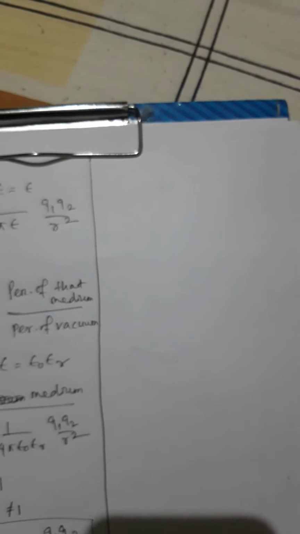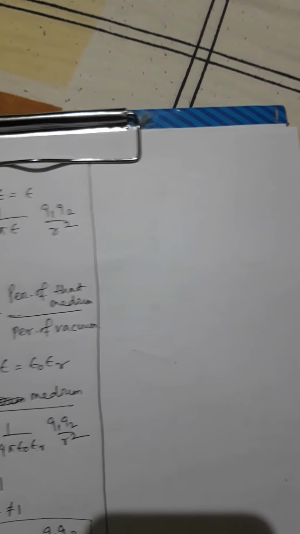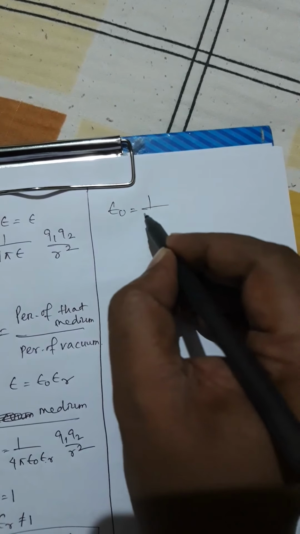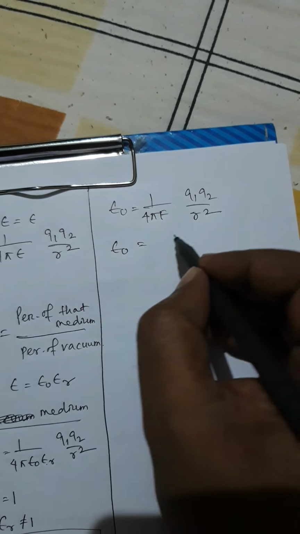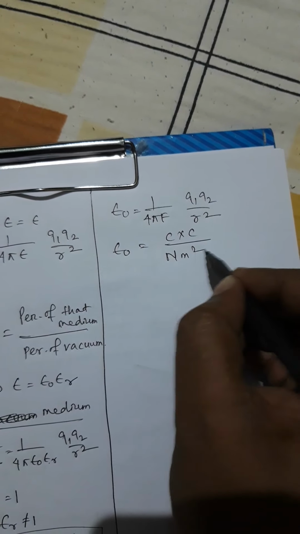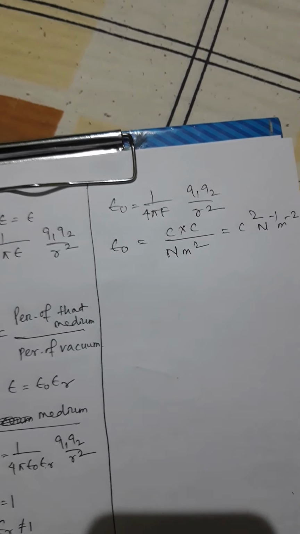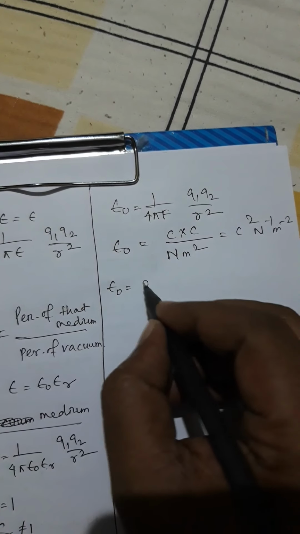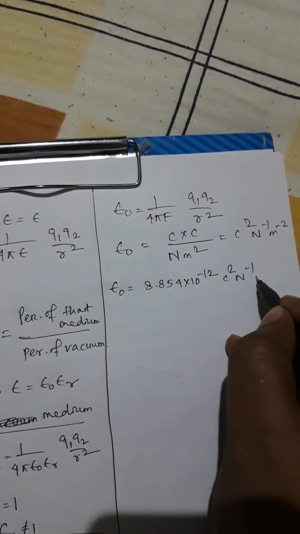So epsilon naught has the unit Coulomb into Coulomb by Newton meter square. So this will be Coulomb square Newton minus 1 meter minus 2. This is the unit. So the value of epsilon naught with unit is 8.854 into 10 to the minus 12 Coulomb square Newton minus 1 meter minus 2.